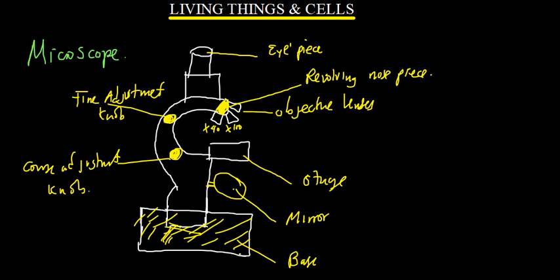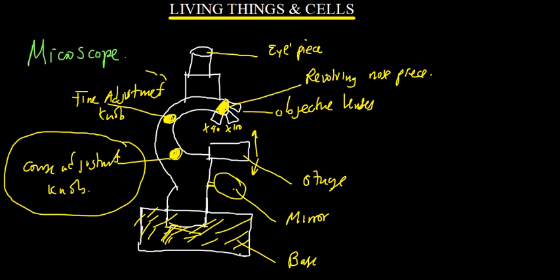Now you can actually calculate magnification. Before I talk about that, this coarse adjustment knob can move the stage so that you can view your object. It can take the stage either up or down, and the aim is to bring the object into focus.